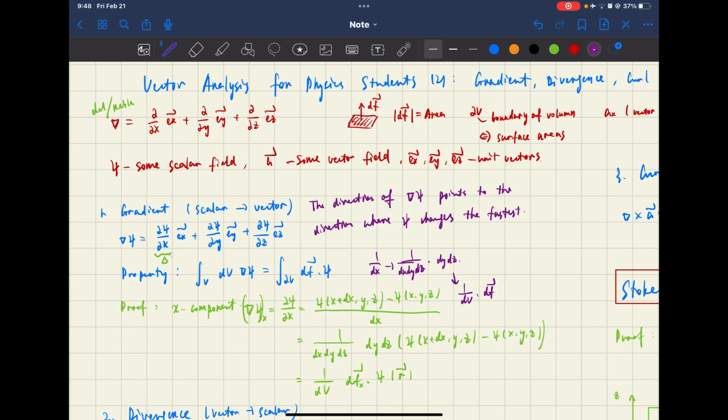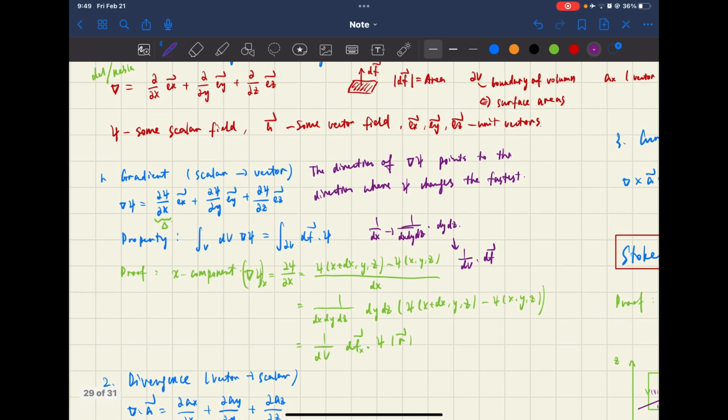Because del phi dotted with a random unit vector reaches its maximum, which is del phi itself, only when the unit vector points in the same direction as del phi. So we have proven that.